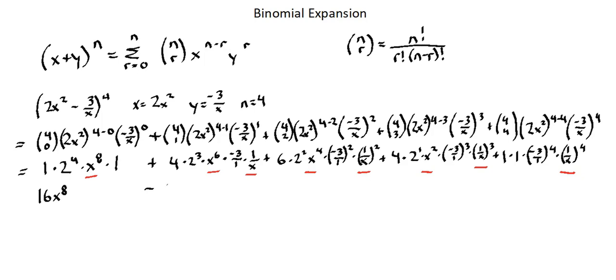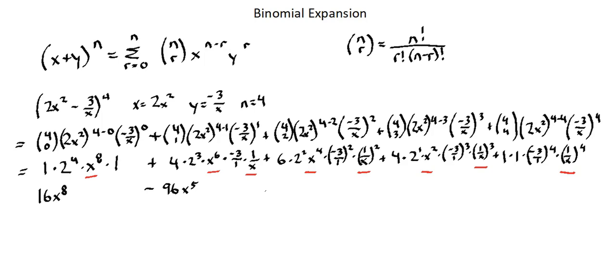And because the 3 is negative, we have minus 96. And we have two x terms, x to the power of 6 times 1 over x, which is x to the power of 5.